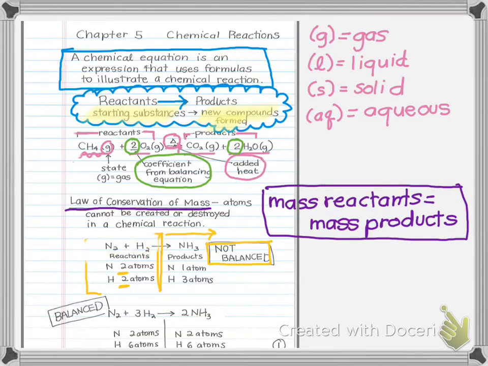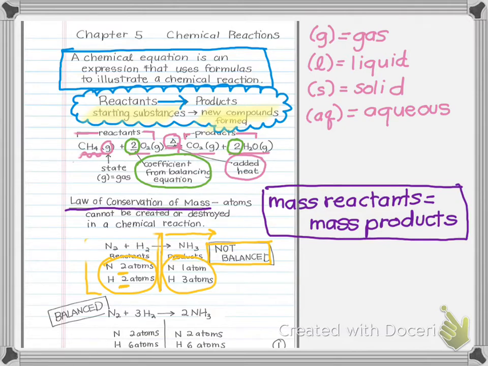Now if I look at the product side, so I'm looking at this right here. Well, the nitrogen, there's only 1 of them. So I have 1, but the hydrogen now there's 3 from the formula. So there's 3. So looking at these numbers, on the reactant side, I have 2 nitrogens and 2 hydrogens, but on the product side, how it's written, I have only 1 nitrogen and 3 hydrogens.